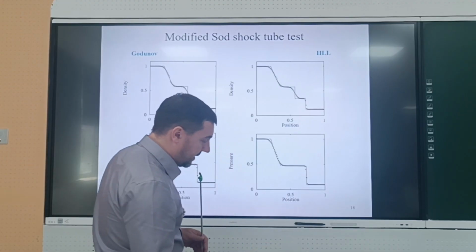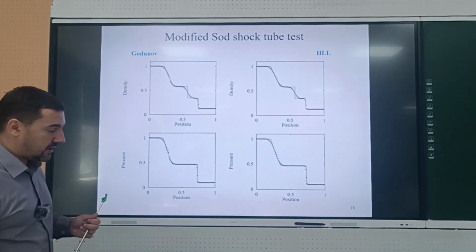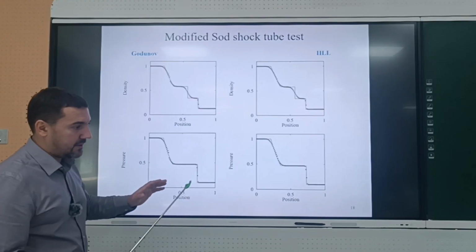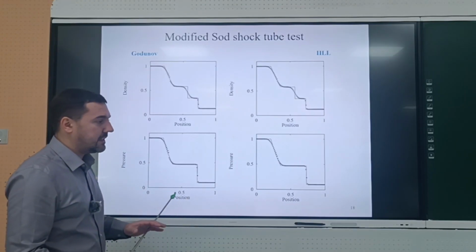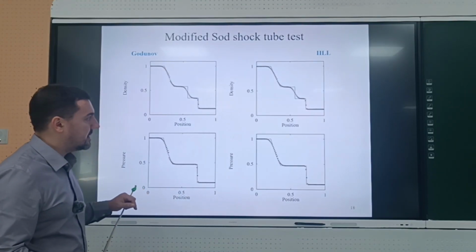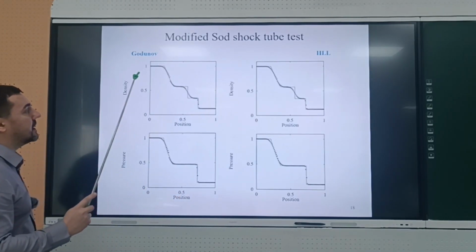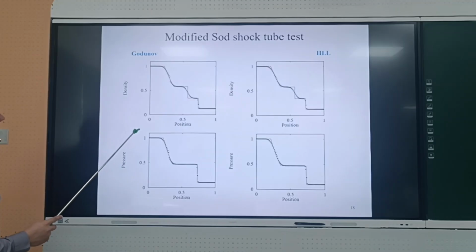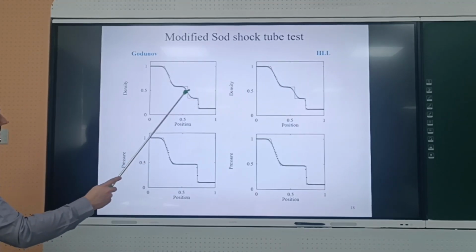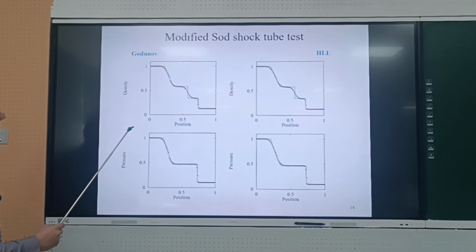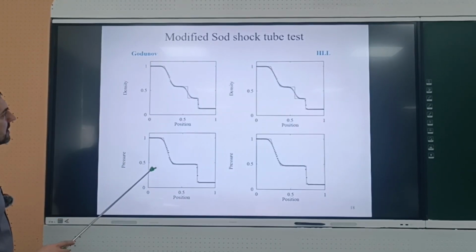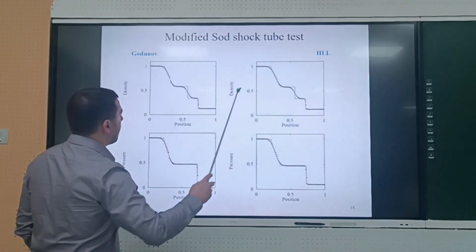Now, I'd like to explain the properties of HLL, and after that, we will introduce the HLLC scheme on the example of these test cases. Consider test number 1, the modified Sod shock tube test. Here are the distributions of density and pressure, and I'd like to compare the Godunov method and the HLL method.